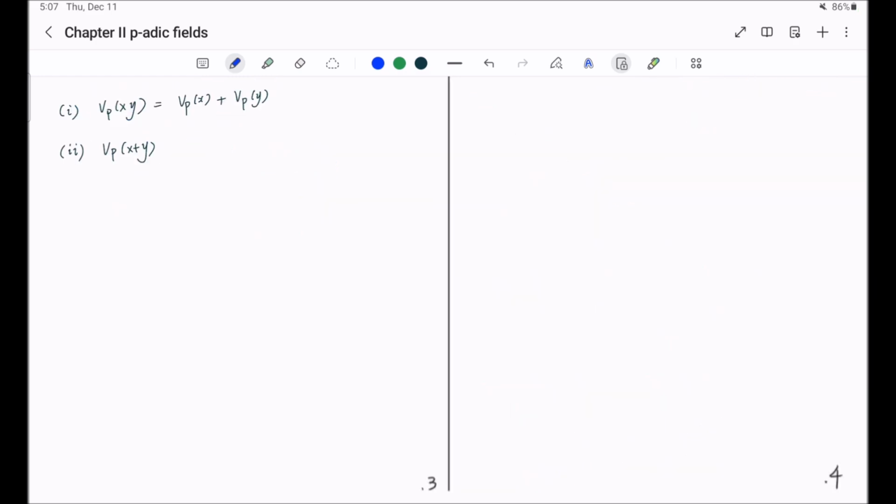The first property is about the valuation of the product of two elements. And you may wonder what happens to the p-adic valuation of the sum of two elements in Zp. There's no perfect equality for this in general, but we have an inequality. The p-adic valuation for the sum of two elements is always bigger or equal to the minimum of the p-adic valuations.